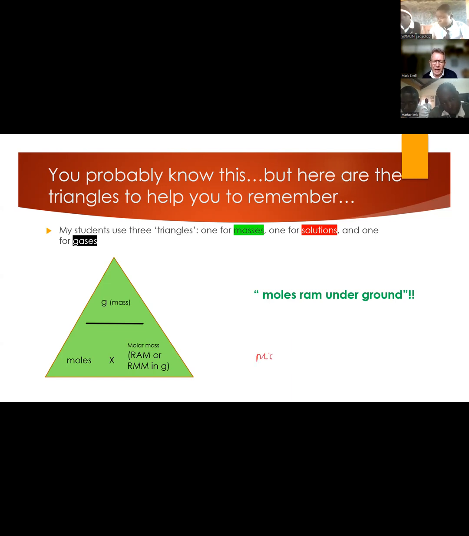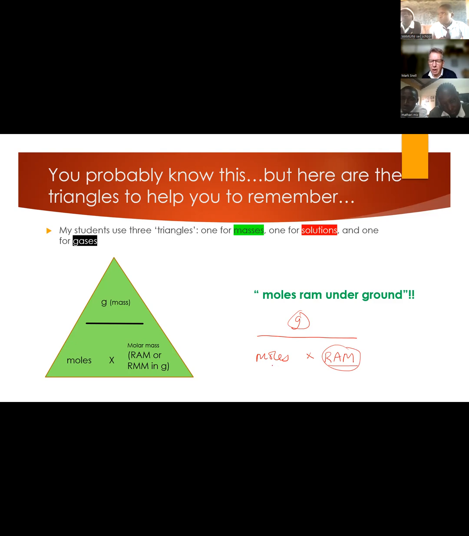He said, oh, I have moles and they are under the ground and they make holes by ramming. Moles ram underground. In other words, grams at the top, RAM or RMM, and moles down here.